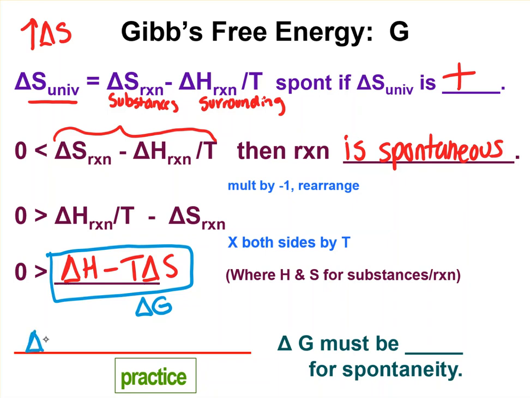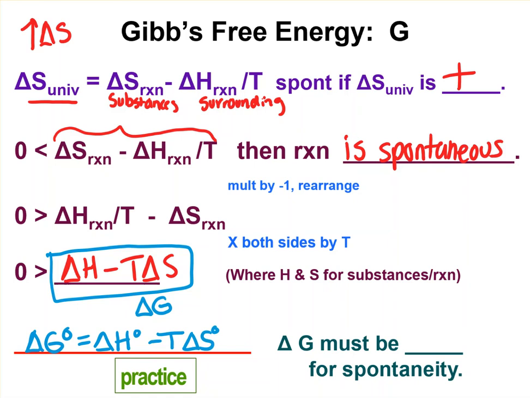So I'm going to rewrite this here. And again, these little degree signs are just saying standard state, because when we start looking up values on tables, they're going to be at set temperature. Remember that thermodynamic properties really change with temperature.